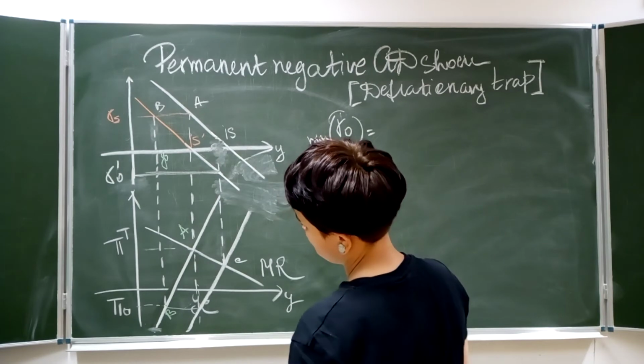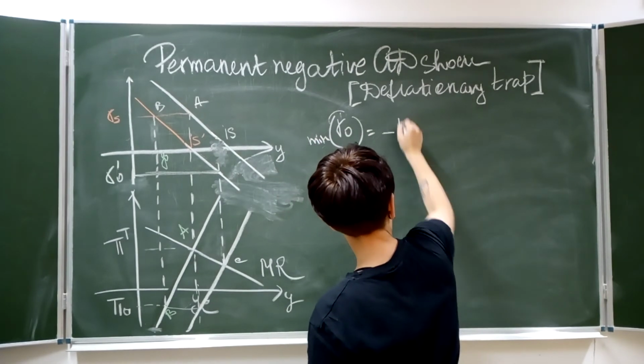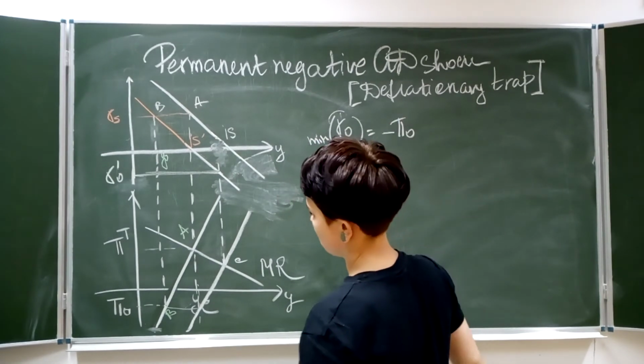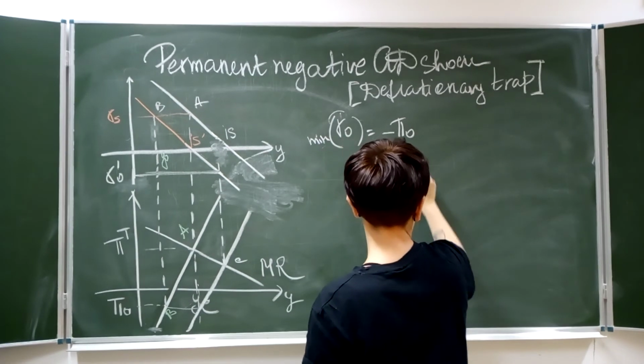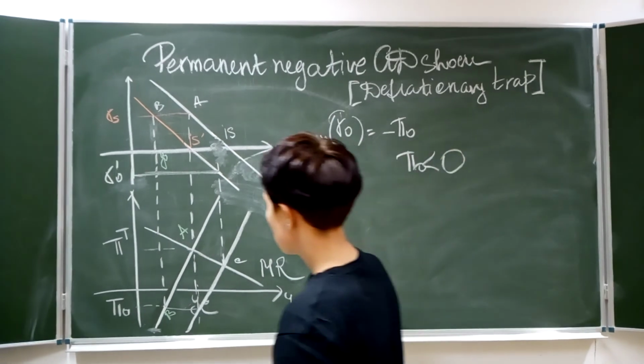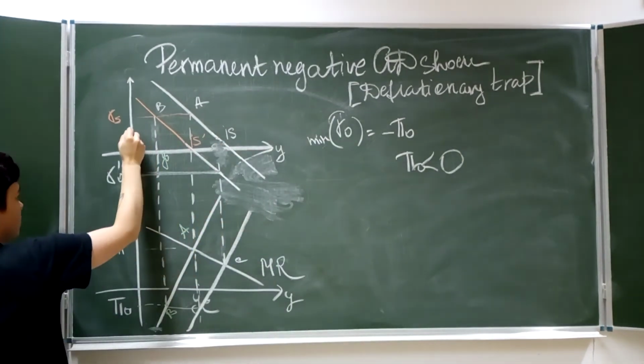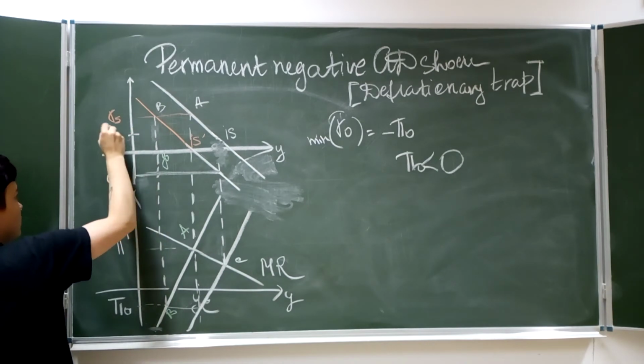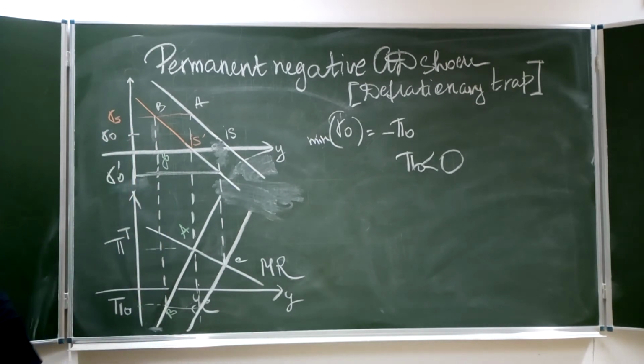It was equal to pi 0, so we should have minus pi 0. And since pi 0 was negative, it shall be positive here. So this is R0, which the central bank can actually afford.